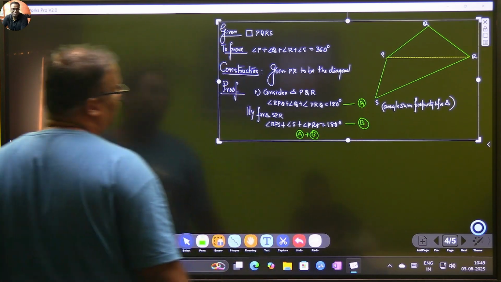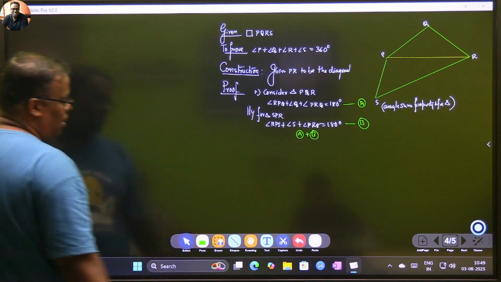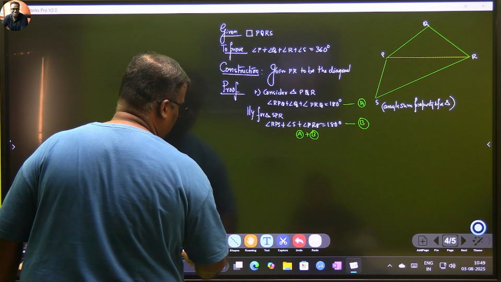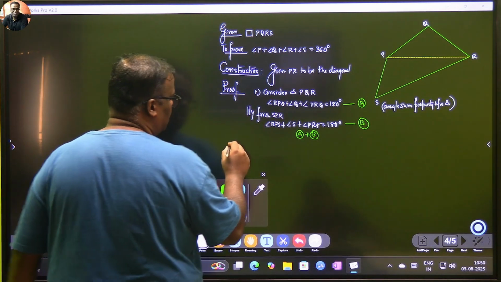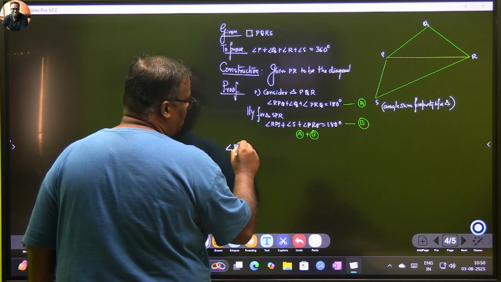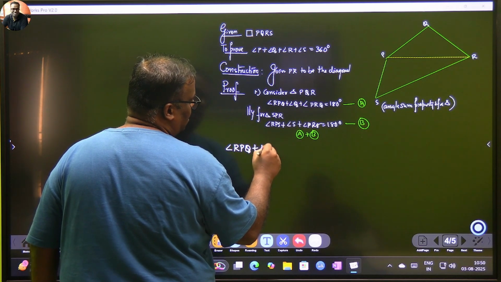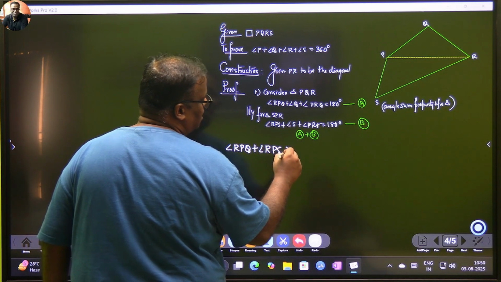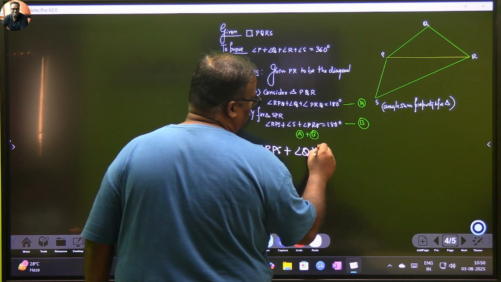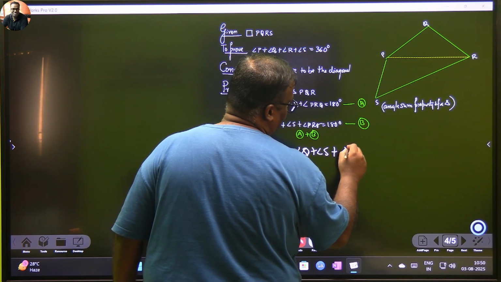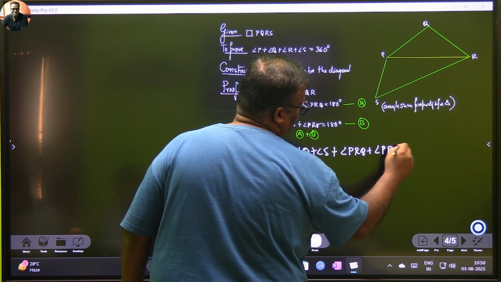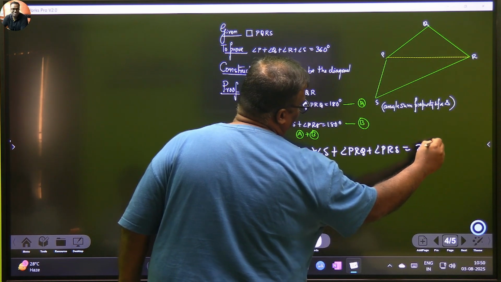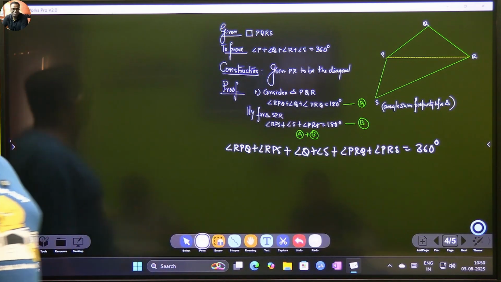Once we add A plus B, we write angle RPQ plus angle RPS plus angle Q plus angle S plus angle PRQ plus angle PRS is equal to 360 degree. You are adding the left hand side, you are adding the right hand side.